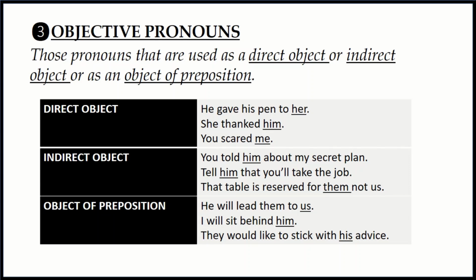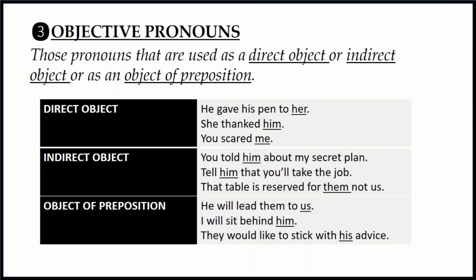For example, if I say to you that you told him my plan, now the matter of concern is that I have a problem with you because you told my secret to a third person, that is him. So this is what an indirect object is. It is not a direct matter of concern. Instead, it is still there just as a kind of reference.